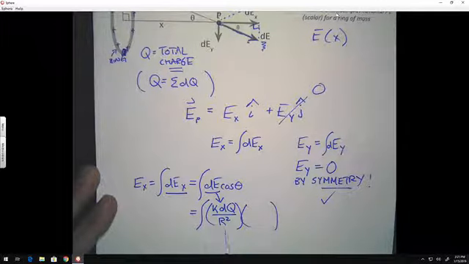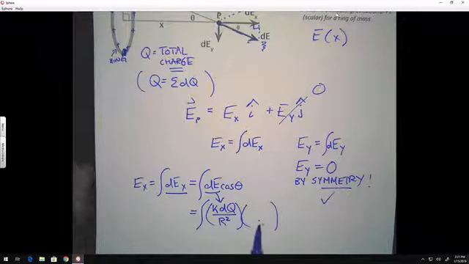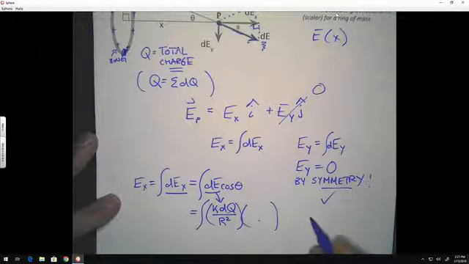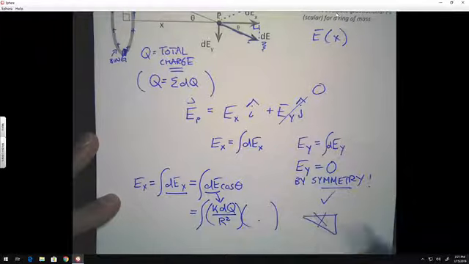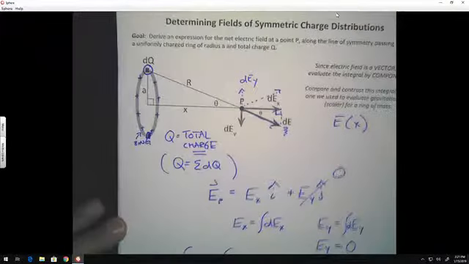For the cos theta, we're also going to do a substitution because we don't want to have a theta in the integral because that's kind of awkward. We have a dq, we don't want to have a theta. And again, I'm going to look at the big triangle.